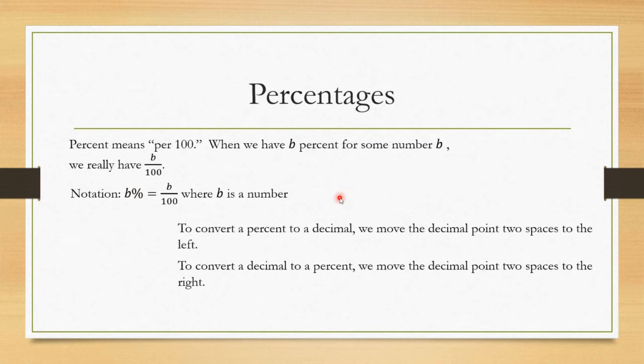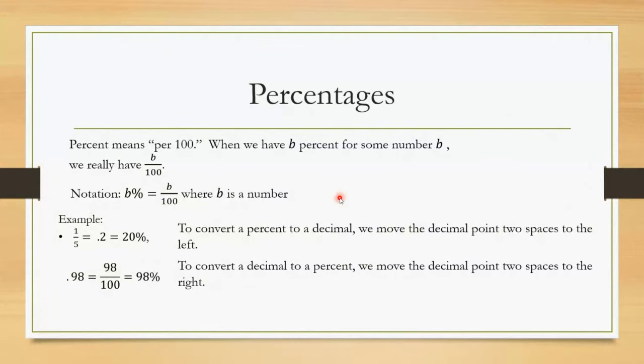Just to help illustrate that, here's an example. For instance, let's suppose you have 1 over 5, which is a fifth. As a decimal, that's the same as 0.2, which of course is 20%.